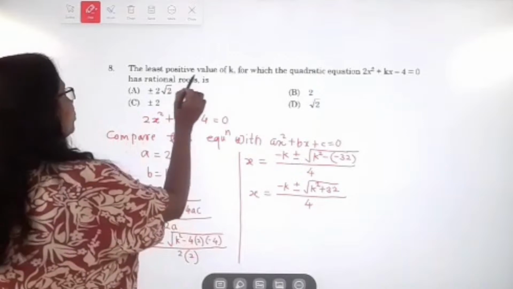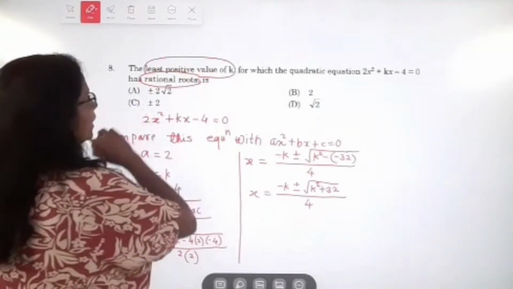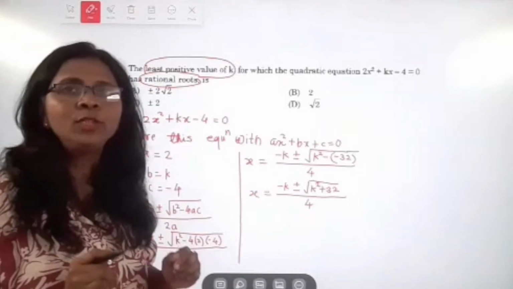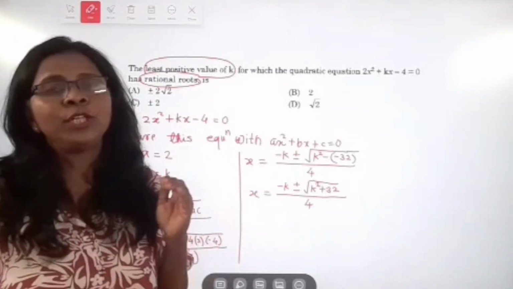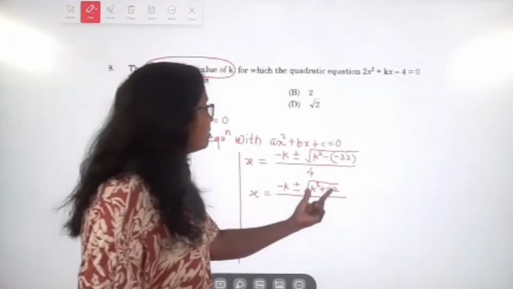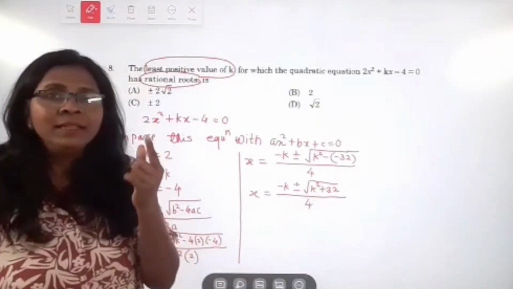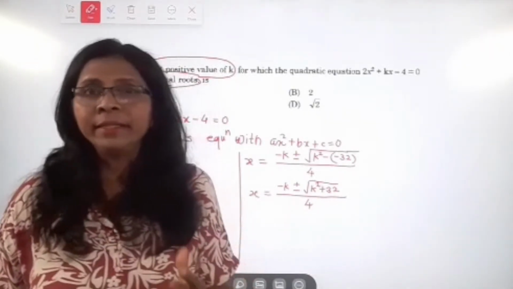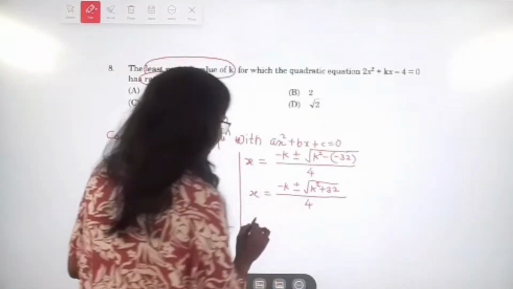Now the condition is that it has rational roots, and we need the least positive value of k. This value, k square plus 32, is nothing but the discriminant, delta.